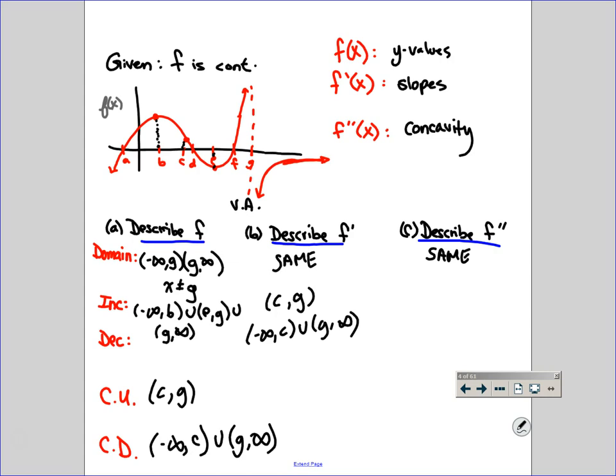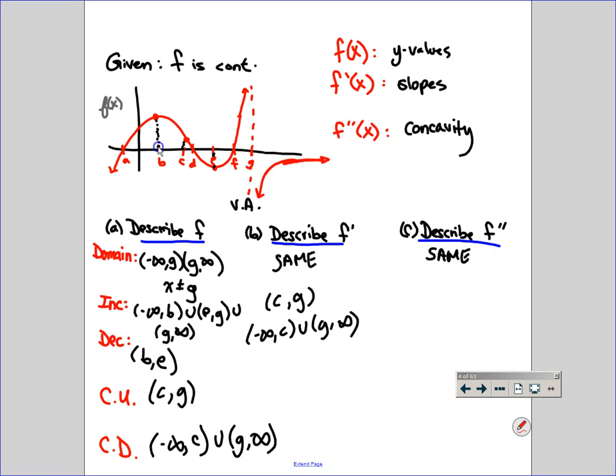And concave up, yes, it's a happy face on the graph, but it's also when f prime is increasing. What am I missing? Oh, when's the original function decreasing? We have to finish that one. B to E, right?